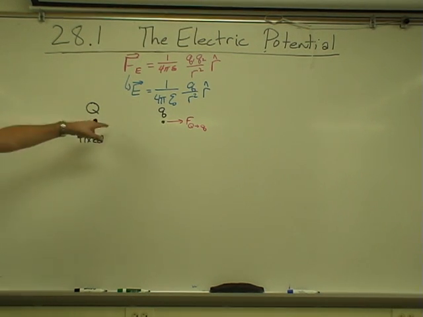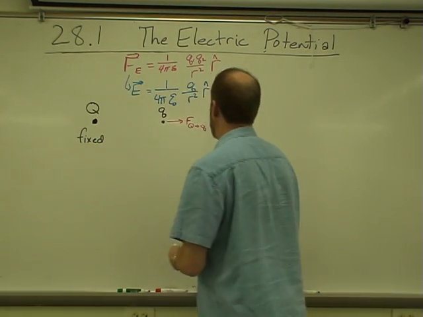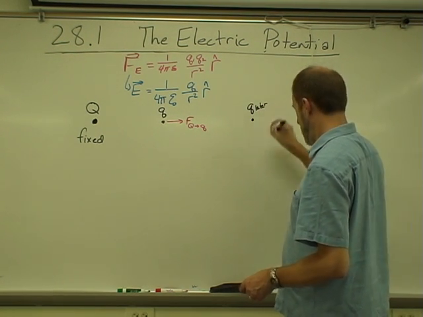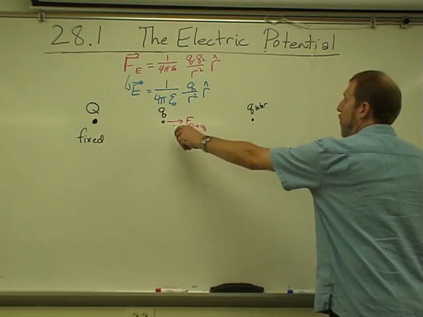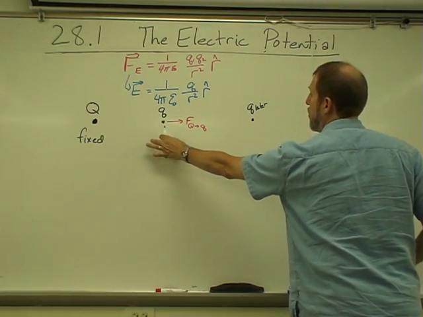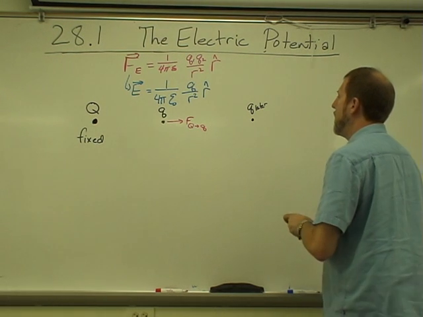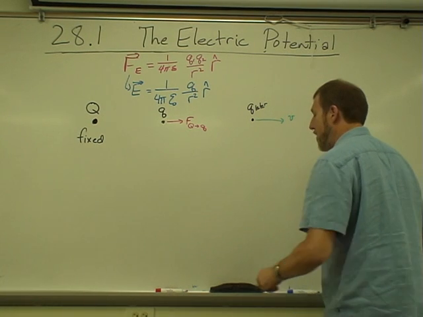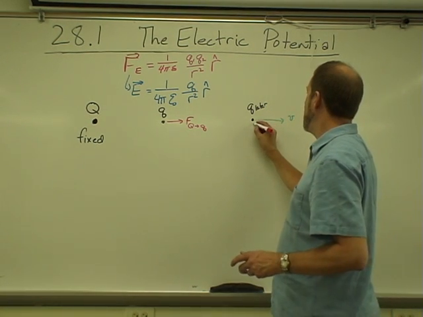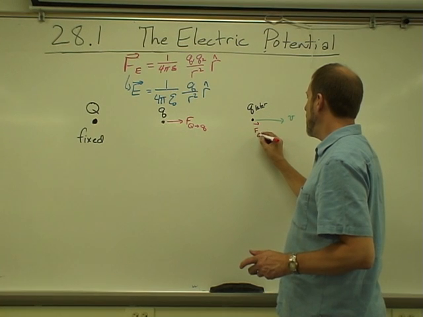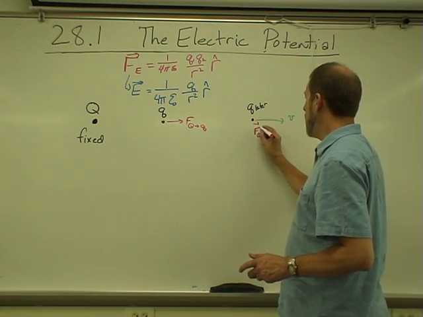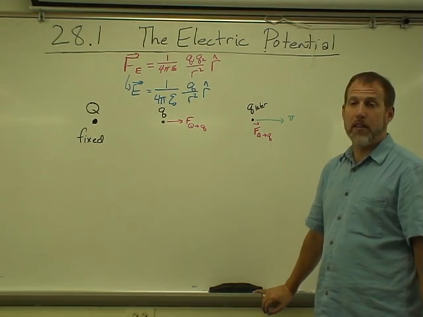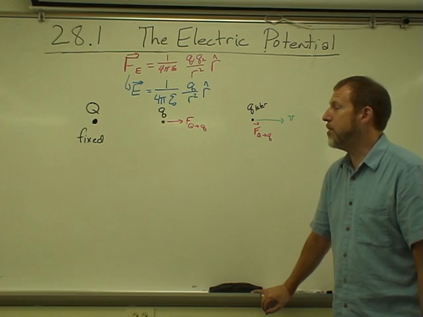Which means that if q is free to move, at some point that force will cause point charge q to accelerate away, which means that at some later point it will have a velocity and a lesser charge acting on it. Now, in the first semester, we looked at this in terms of energy, and we're going to do that again.